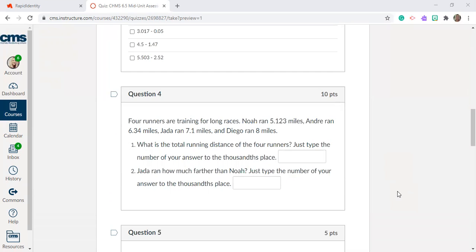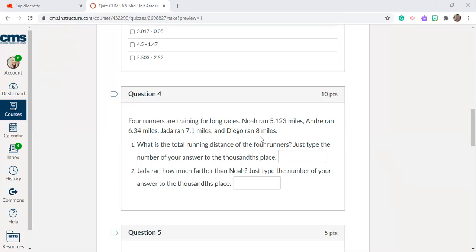Question number 4. 4 runners are training for long races. Noah ran 5 and 123,000th miles. Andre ran 6 and 3400th miles. Jada ran 7 and 1/10 miles.